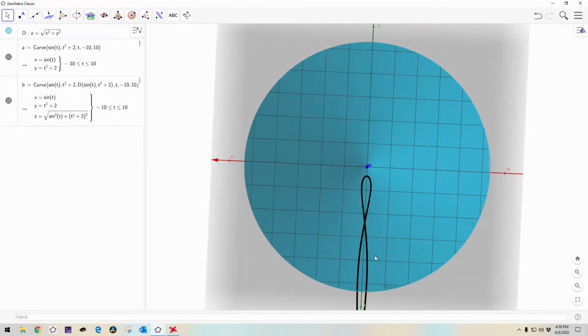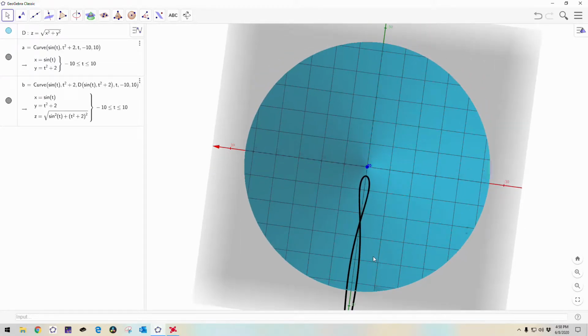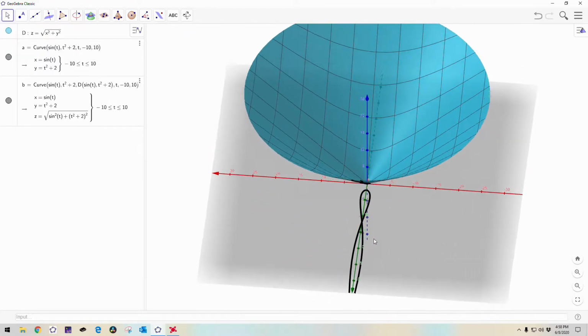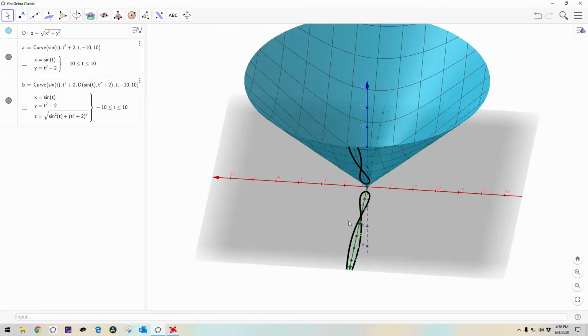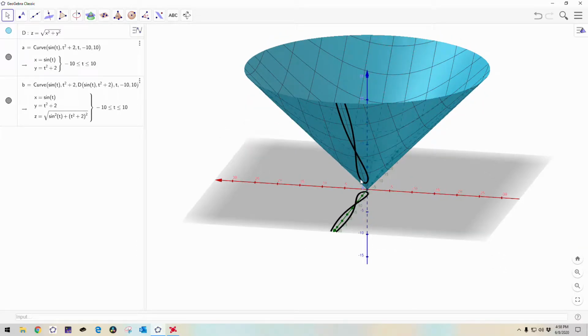As you can see, they are the exact same when I look over the top, right? So this is the curve in the domain, just the x and y. And then when you actually plug it in and you get the subset of points, you get this curve in space.